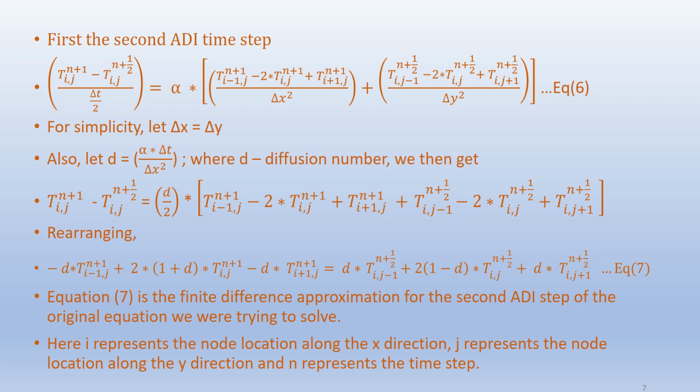Then the equation gets simplified and we'll rearrange the equation as shown in equation 7, that is minus d times T(i-1,j)^(n+1) plus 2 times (1 plus d) times T(i,j)^(n+1) minus d times T(i+1,j)^(n+1) equals d times T(i,j-1)^(n+1/2) plus 2 times (1 minus d) times T(i,j)^(n+1/2) plus d times T(i,j+1)^(n+1/2).